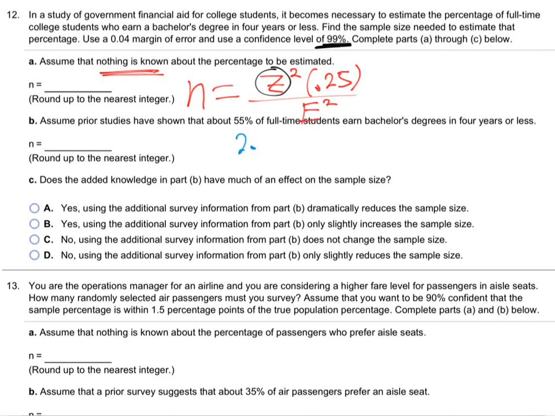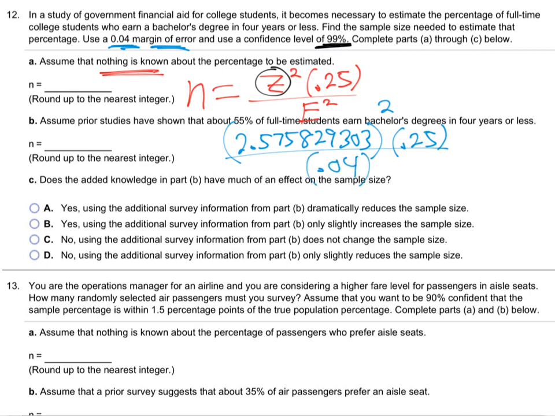So it's going to be 2.575829303 squared times 0.25 over e squared. What's the error? Oh, it's right there. 0.04 margin of error. So that's 0.04 squared.